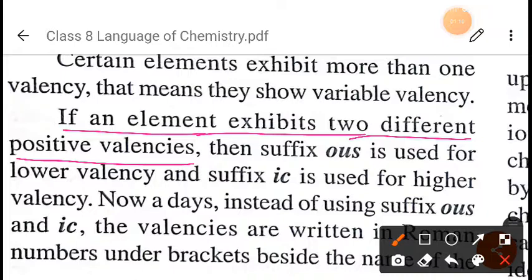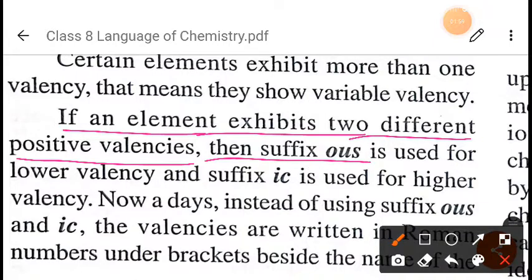Try to understand like this. If there is one element that has made a compound by combining with some other element, and it has exhibited two different positive valencies, then when we write the name of that element, we will write "ous" or "ic" as the suffix.